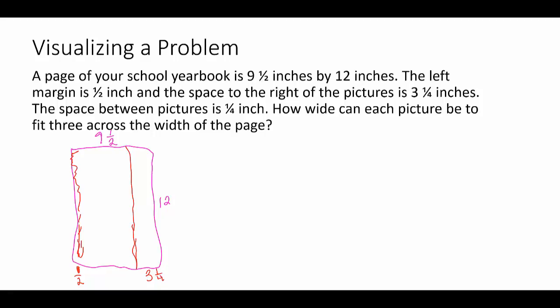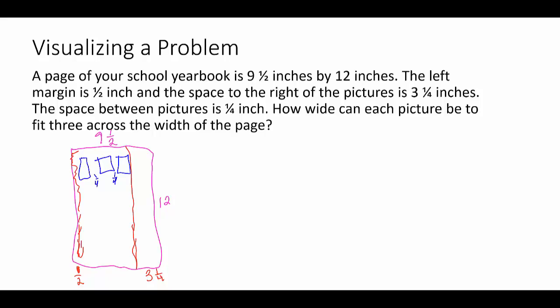And so then the rest of this space is going to be for our pictures. And the only problem with that is that our pictures can't be right next to each other. They've got to be a 1/4 inch in between. So we'll have our pictures spaced out. This is terrible looking. Pretend it's better than it actually is. But in between the pictures, we've got 1/4 inch.